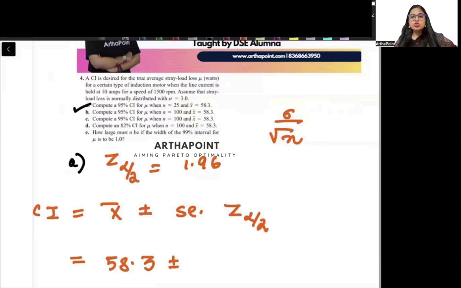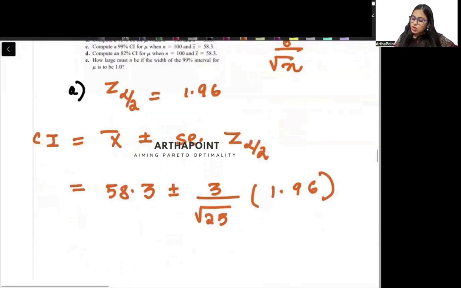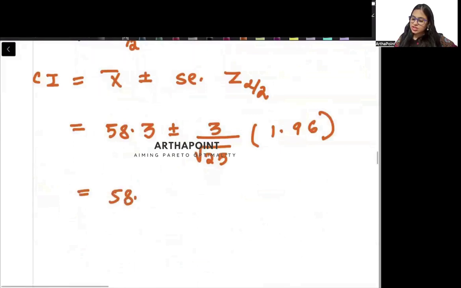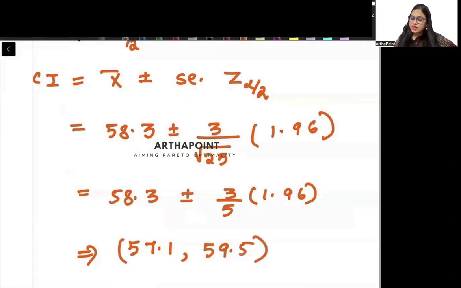Sigma is given as 3, so 3 by root 25, and the Z value is 1.96. So I get 58.3 plus minus 3 by 5 into 1.96. When you solve this, you will get 57.1 when you subtract, and 59.5 when you add. This will be your confidence interval.